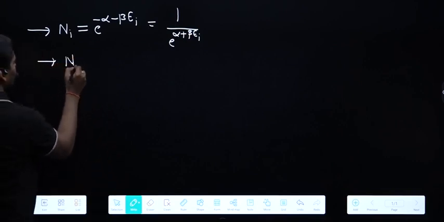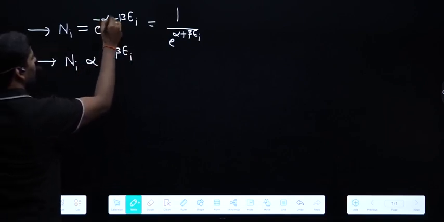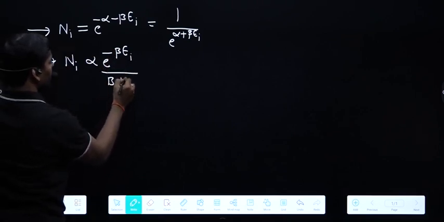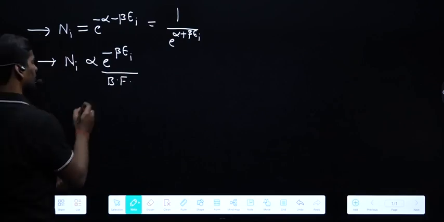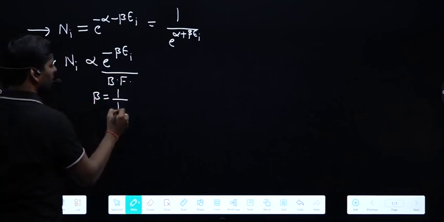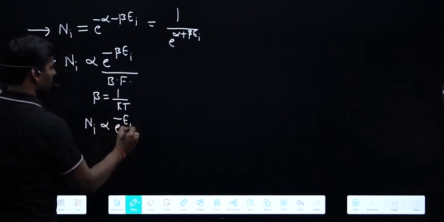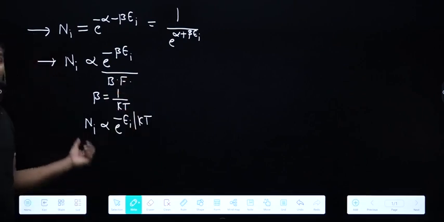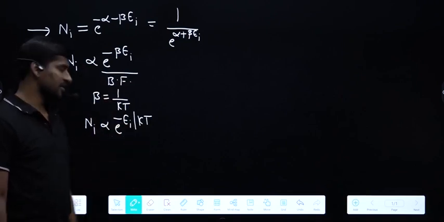Or we can write Ni is proportional to e power minus beta ei, as alpha is constant. e power minus beta ei is called the Boltzmann factor, and the expression for beta is 1 by kT. Therefore Ni is proportional to e power minus ei by kT. This is the expression for the population present in the ith energy level according to Maxwell-Boltzmann statistics.